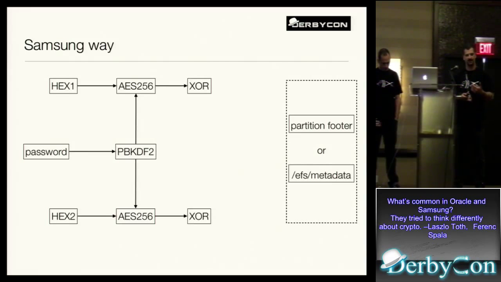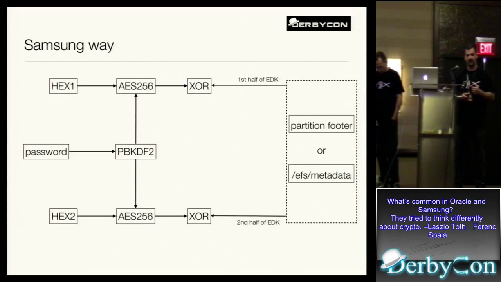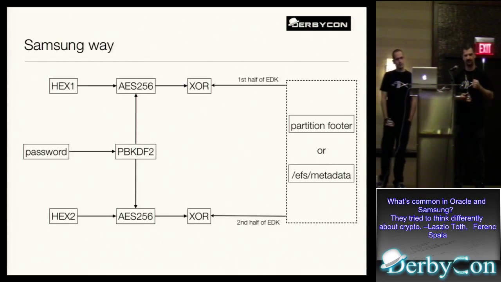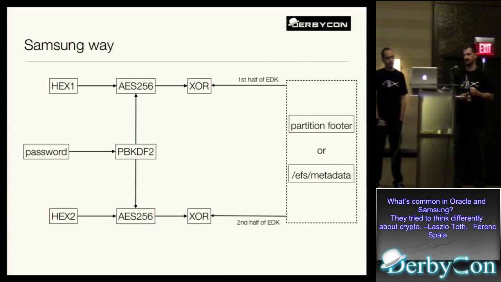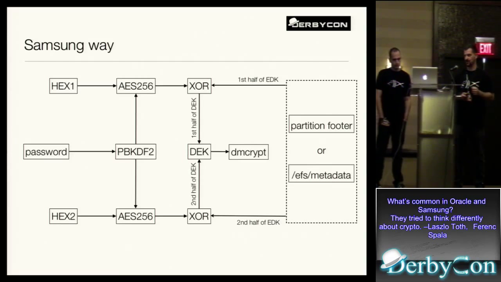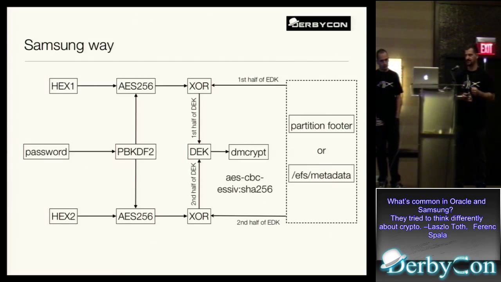The first operands are the result of the AES encryption. The second operand is the first half and the second half of the encrypted disk key. The clear text key is the concatenation of the XOR results. Samsung also uses dm-crypt with AES CBC, and the key derivation uses 4000 cycles with SHA-256.